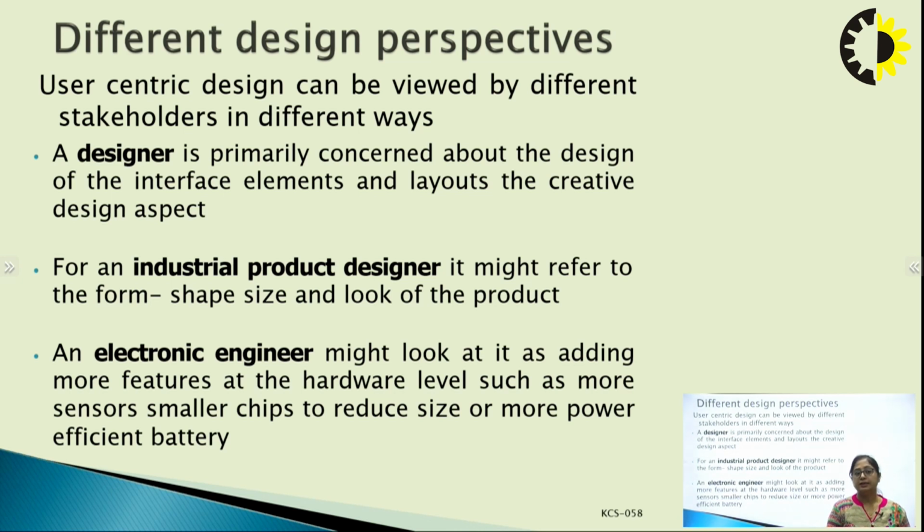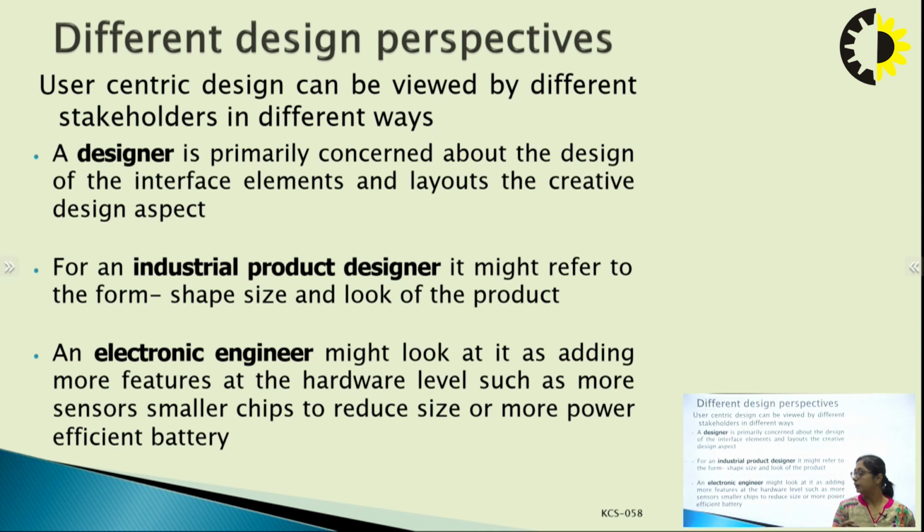User centric design can be viewed by different stakeholders in different ways. The first one is a designer. A designer is primarily concerned about the design of the interface elements and the layout, the creative design aspects. So a designer basically deals with what the interface is, how it is designed, and how the layout of the interface will be effective.